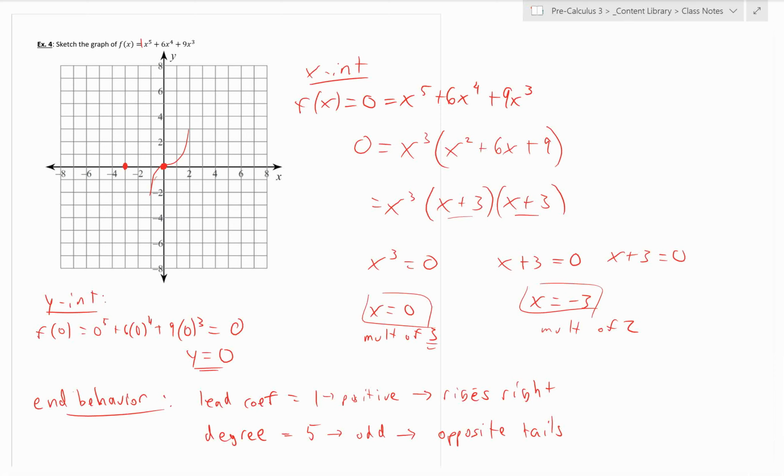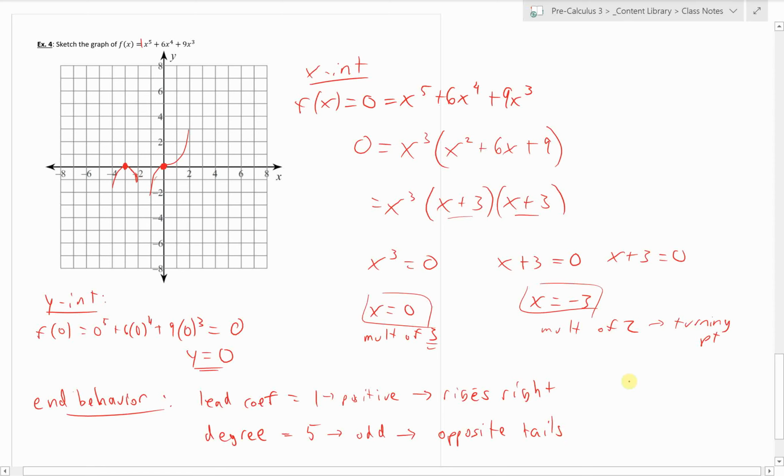Then at negative 3, we have a multiplicity of 2, which means that at that point, it's actually going to be a turning point on the graph. Multiplicity of 2 means that we'd have a turning point. Any even multiplicity means that that x-intercept is a turning point. So we know it wiggles as it crosses at x equals 0, and that it turns around as it gets to x equals negative 3.